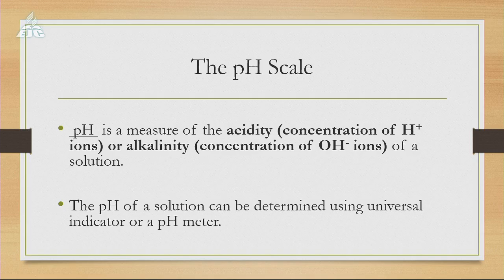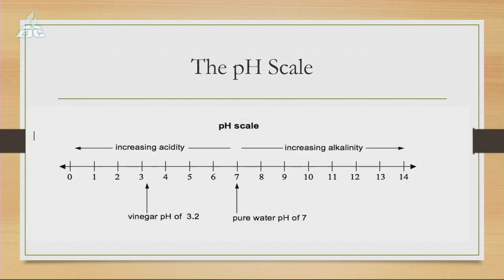So if you want to know if something is an acid or a base or an alkali, we refer to the pH scale. Now the pH scale is like a number line which extends from 0 to 14, with 7 being neutral, less than 7 acidic and greater than 7 alkaline.